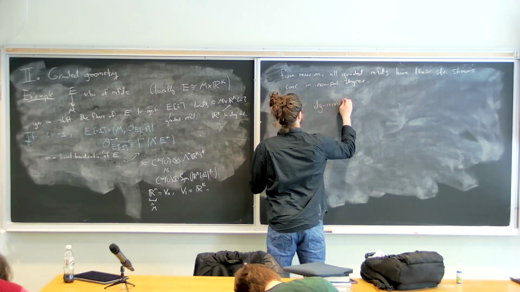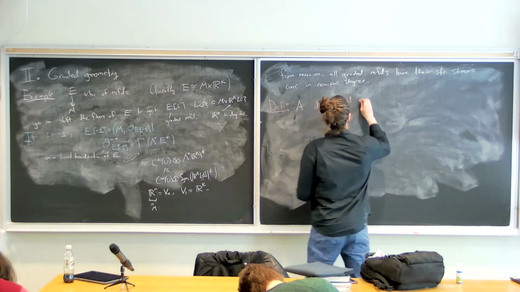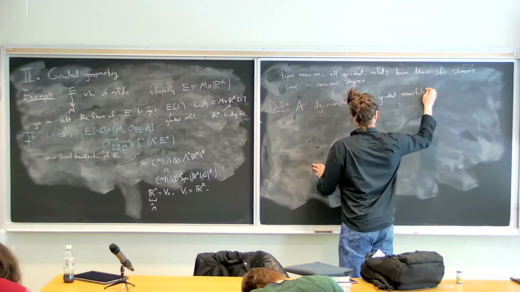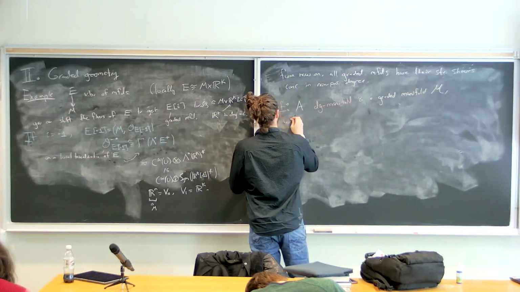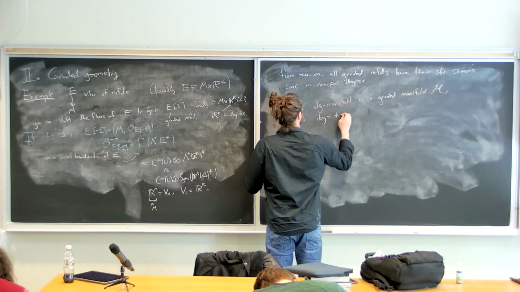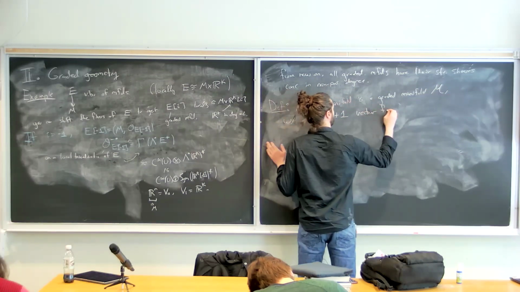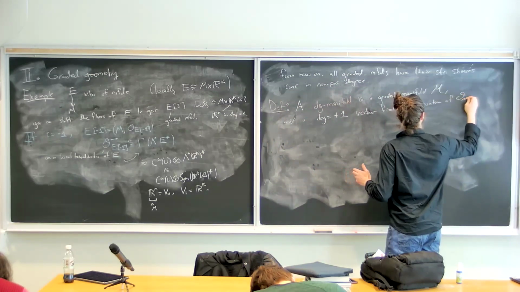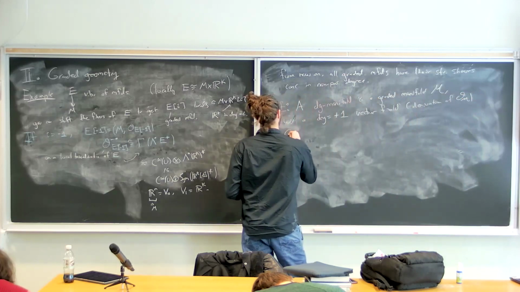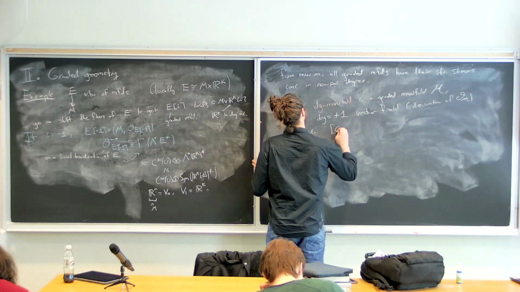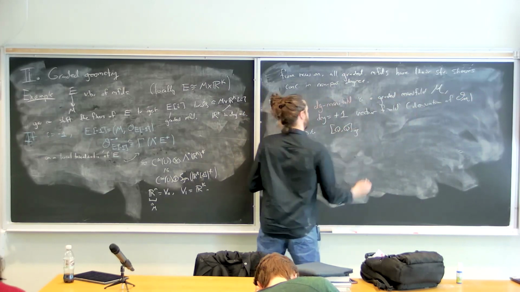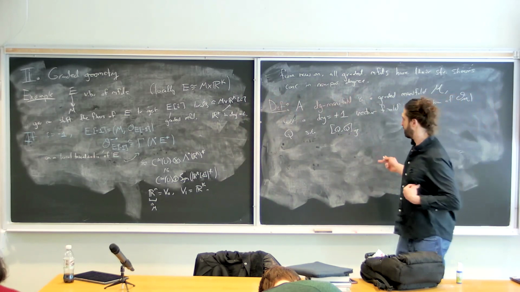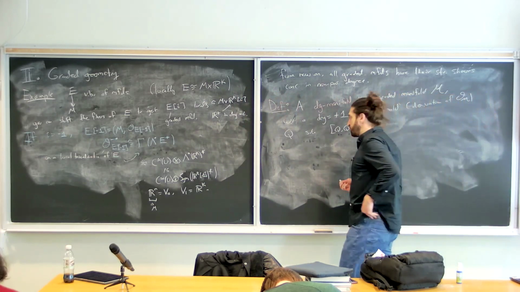So a DG manifold is a graded manifold M with a degree +1 vector field, and by that I mean a derivation of its structure sheaf, called Q, such that if I look at the graded commutator, the graded Lie bracket, because this is graded, it is not automatically 0: it's not Q squared minus Q squared, it's 2Q squared.